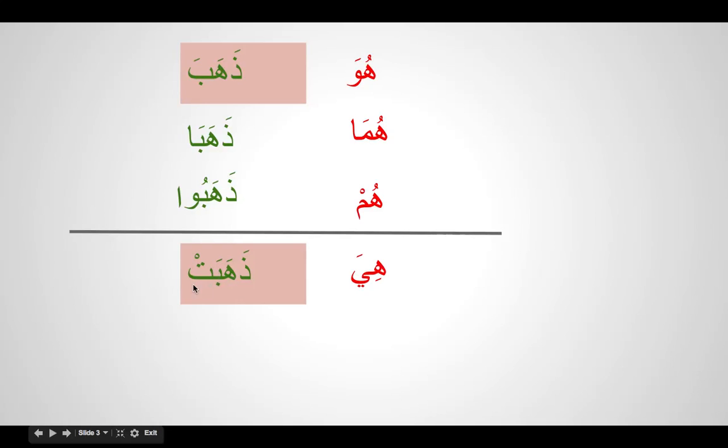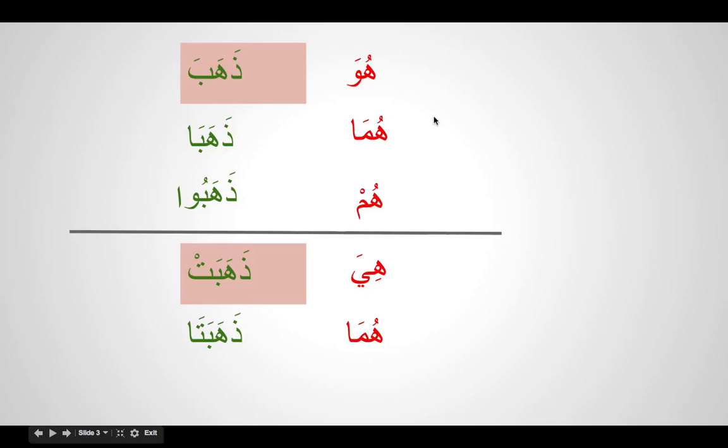This is not a part of the pronoun, but it's just to show that it is a feminine verb, action done by a lady. Huma means two feminine ladies or objects. Zahabat plus alif is zahabata.